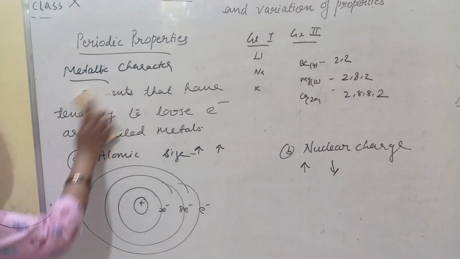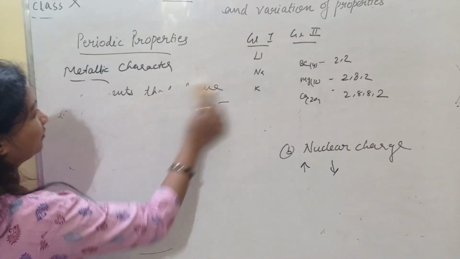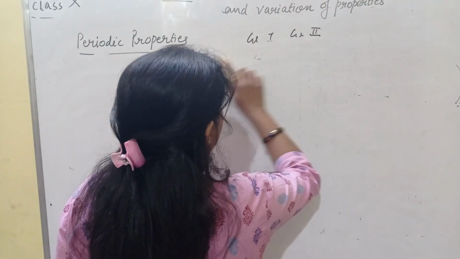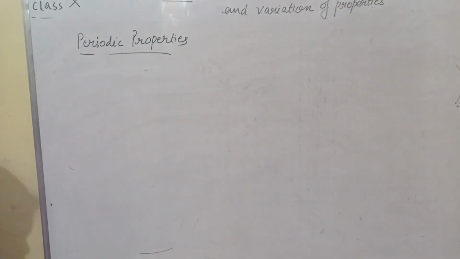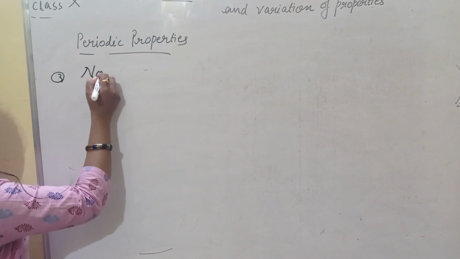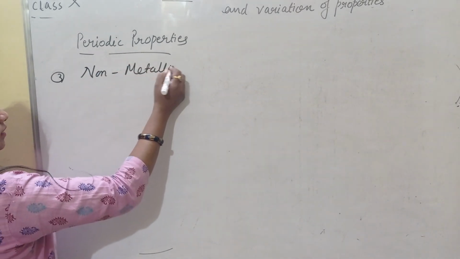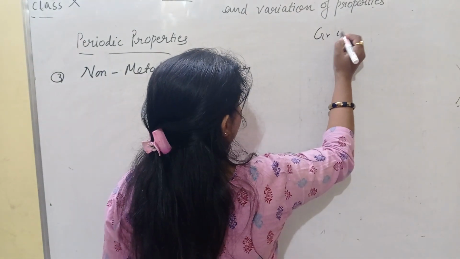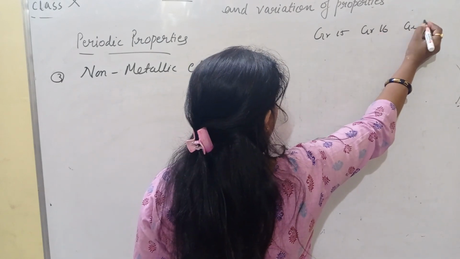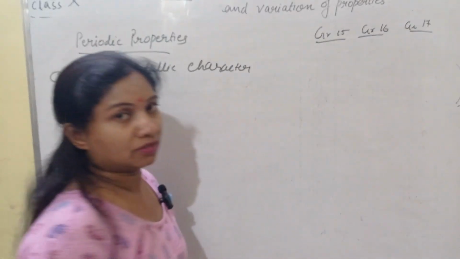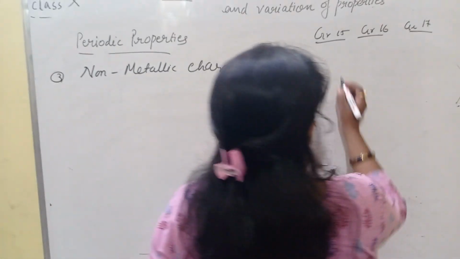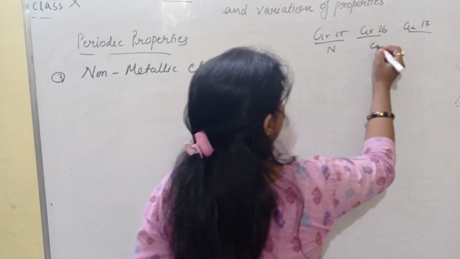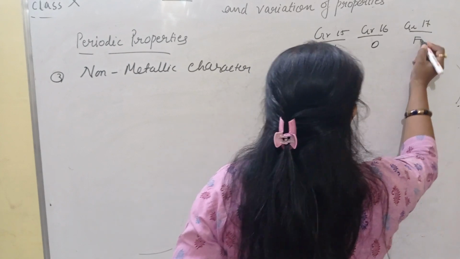Next is non-metallic character. See, the elements of group 15, group 16 and group 17 are generally considered as non-metals. In group 15, the first member is nitrogen, then oxygen in group 16 and fluorine in group 17.